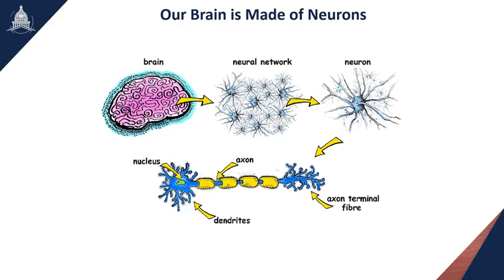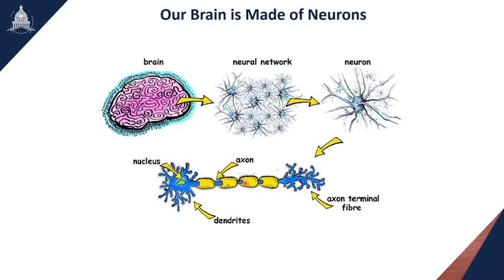To get a clearer understanding of this, let's break the brain down to the fundamental structure that makes it up, which is the neuron. A neuron is made up of dendrites, and those dendrites are the branches that are used to carry incoming signals. Based on these signals, the nucleus will either activate or not. If activated, it will fire an electrical signal which will be propagated down the axon.